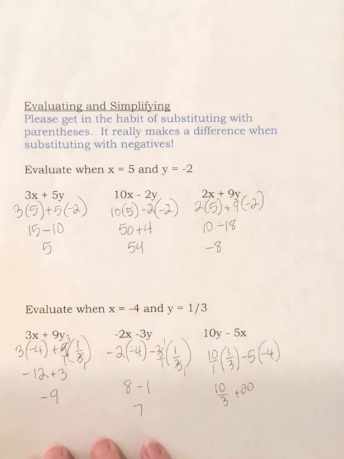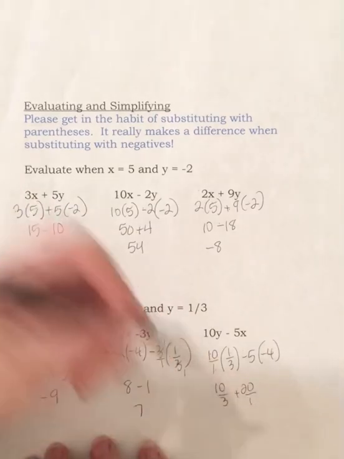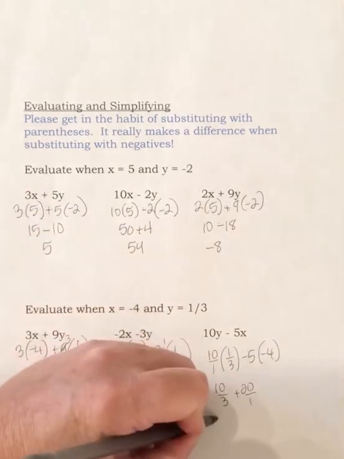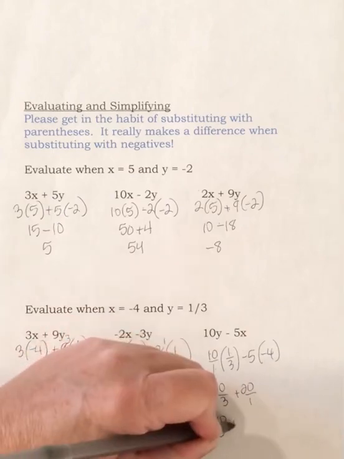Now, I can't leave it like that because my objective is to simplify it, and it's not as simple as it can get. So I'm adding with fractions. That means I need a common denominator. So I'm going to put this 20 over 1 so that I do have a denominator to work with. And my common denominator is going to be 3. So this isn't going to change.